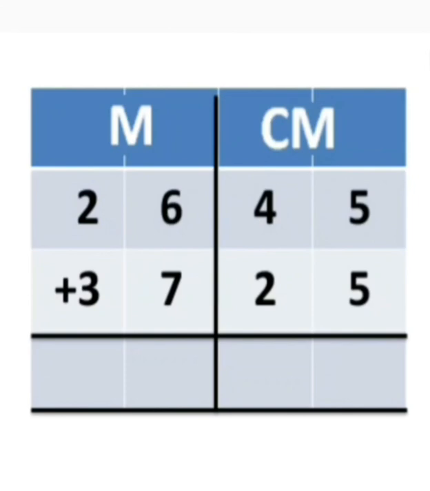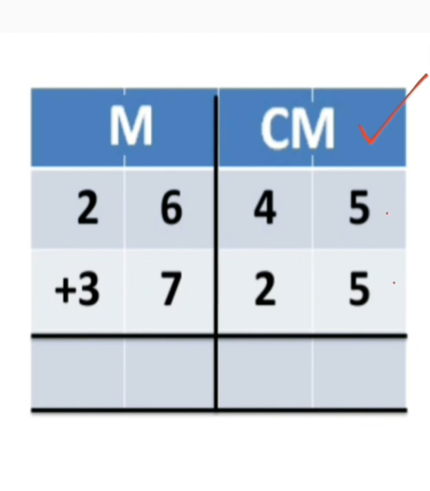Now, as the numbers are arranged in their proper columns, let us add them. So first we will start with the centimeters column. In the centimeters column we have 5 and 5. So 5 plus 5 is 10.